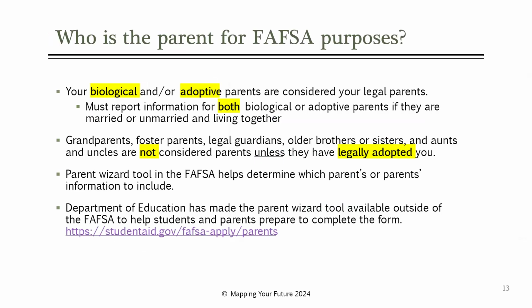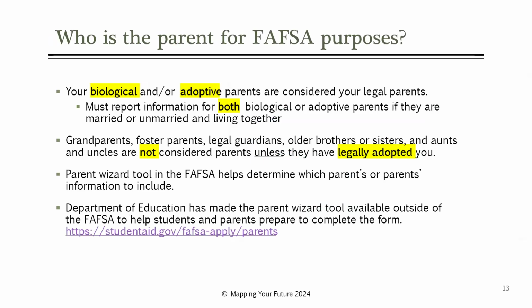So I mentioned a few times previously that your parents' information will need to be included on the FAFSA, but some may not know which parent to include, or maybe you have a circumstance where you live with your grandparents and don't know what to do in that regard. So with that being said, your biological and/or your adoptive parents are considered your legal parents.